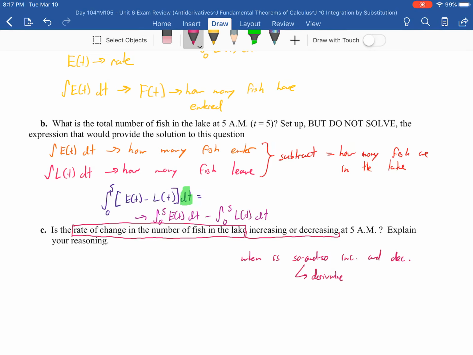Well, in part B, we discussed the fact that if we want to find the number of fish in the lake, that's just the integral. Well, this question is asking us for the rate of change in the number of fish.